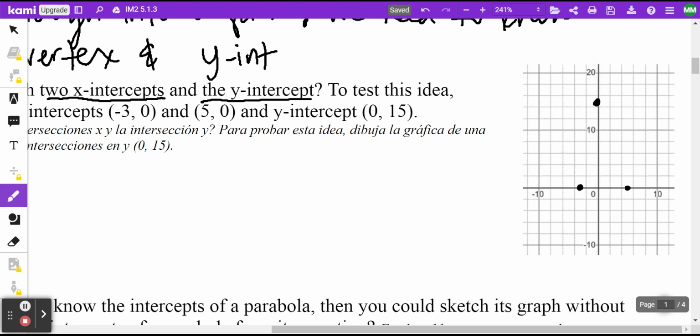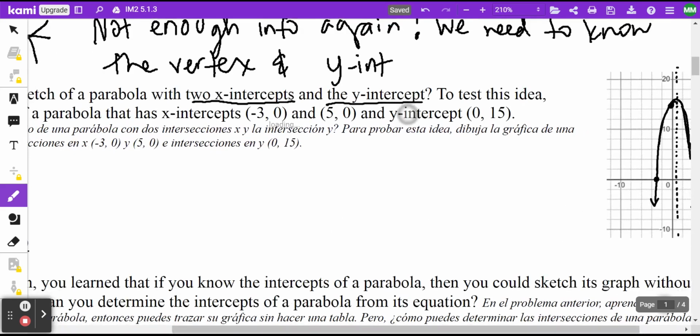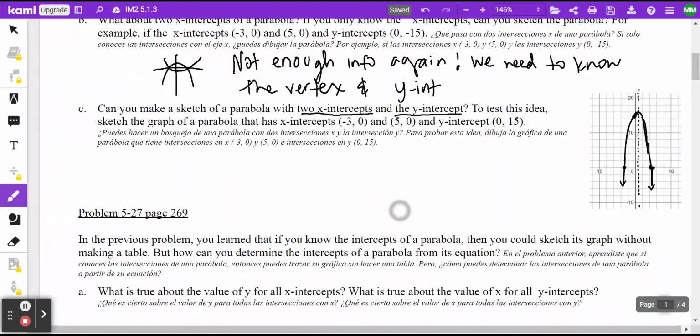And let's see, I need my line of symmetry. So it'll be like this. Yeah, I think that's enough. Although I would still like to know the vertex. But I know that the vertex is going to be above that y-intercept. So I know at least where the vertex is going to be in general.